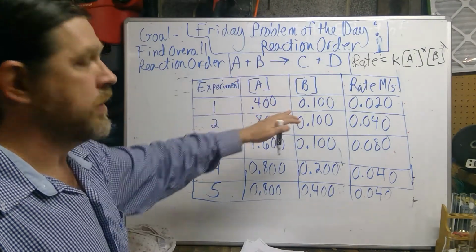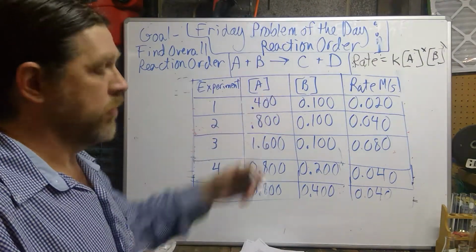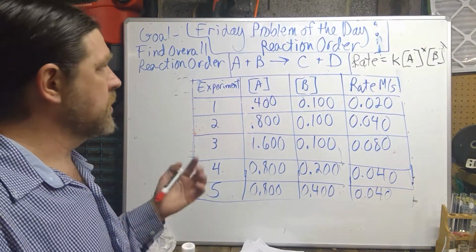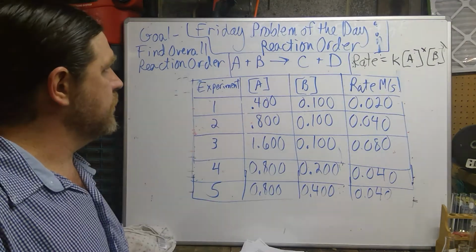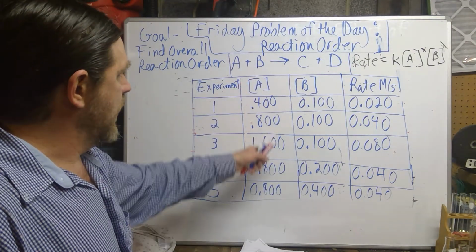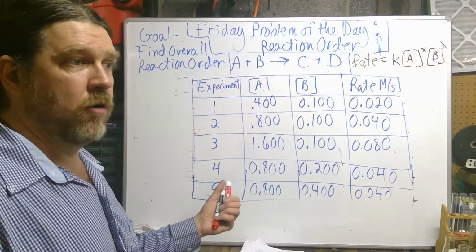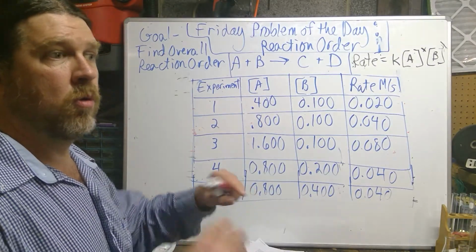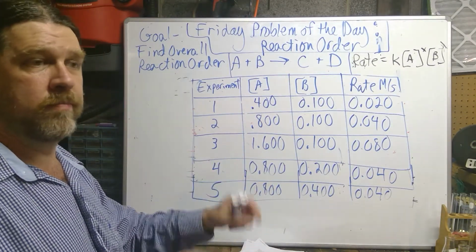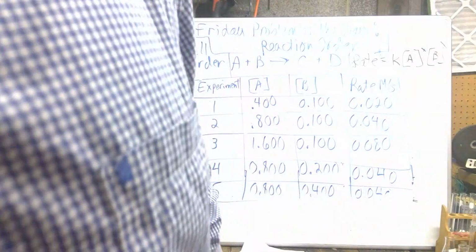And then, of course, you'd be looking for changes with the other reactant, B. So let's stop the camera for a minute and see if you can figure out whether A and then B is a first, a second order, or a 0 order. Give you a couple minutes.